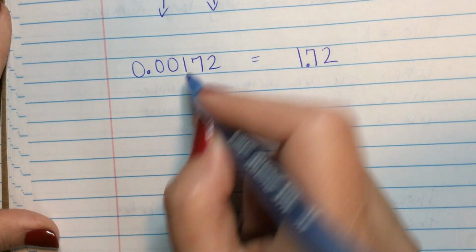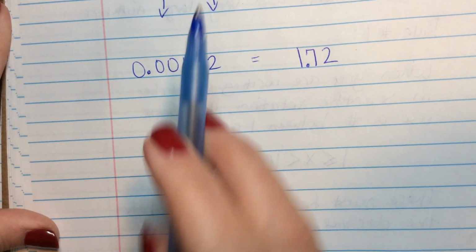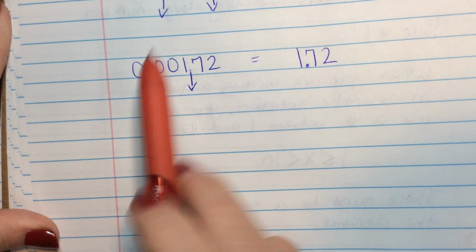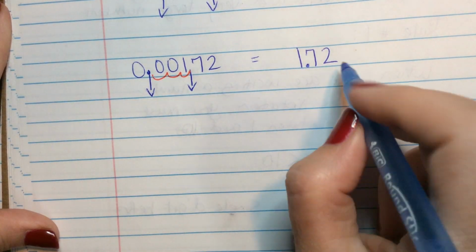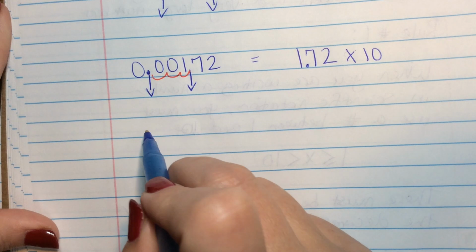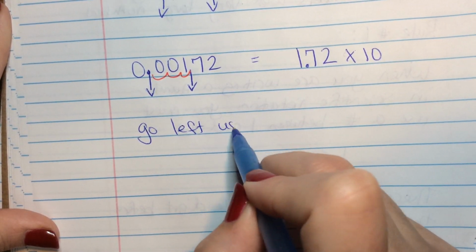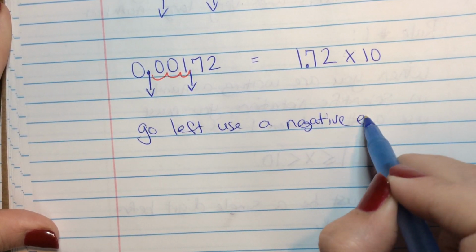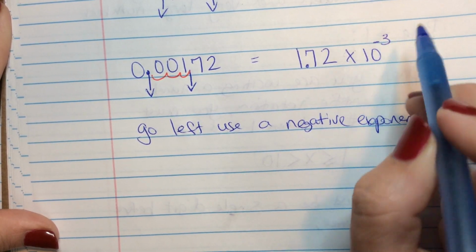So this is where my decimal will be, and this is where I need to end up. So how far do I have to hop backwards? 1, 2, 3. So times 10. But because we hop backwards, we're going left. If you go left, use a negative exponent. So this is going to be -3.